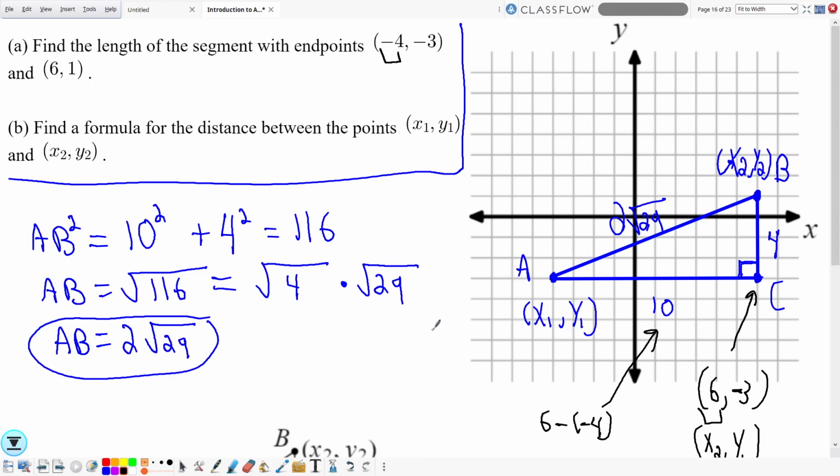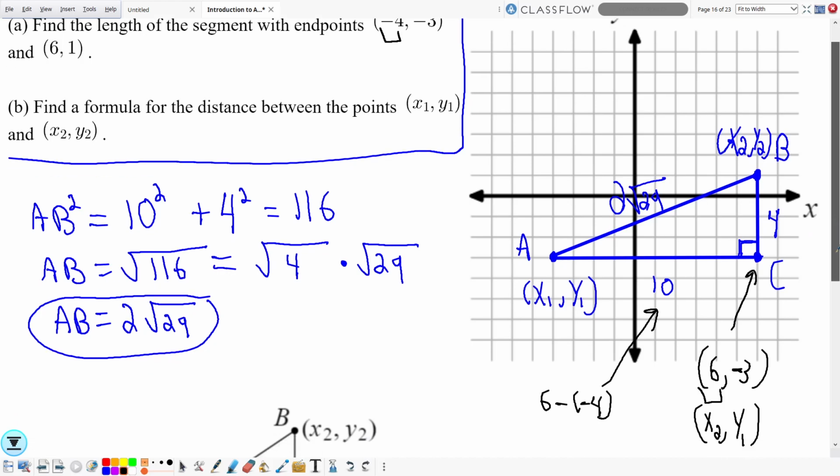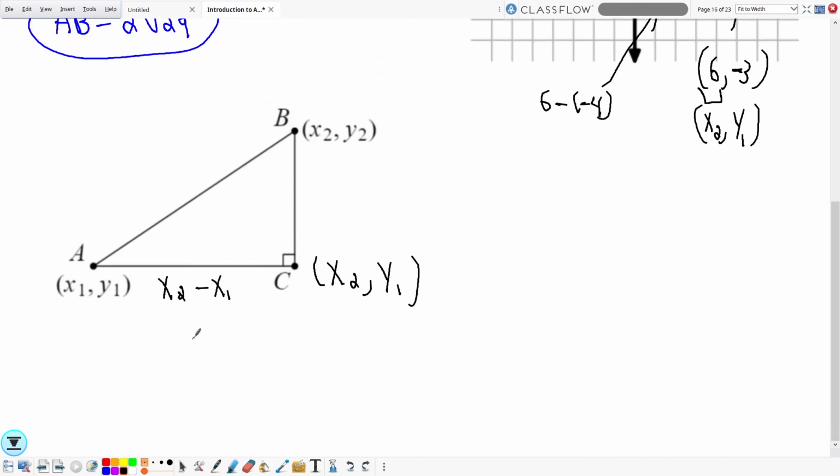That distance of 10 is just the difference between the two x coordinates. So that same rule can be applied here. And similarly, the distance between B and C is just the difference in the y coordinates. The x coordinates are the same, they're both x2, but the change from B to C comes from the difference of the y coordinates. So the length of BC is going to be y2 minus y1.